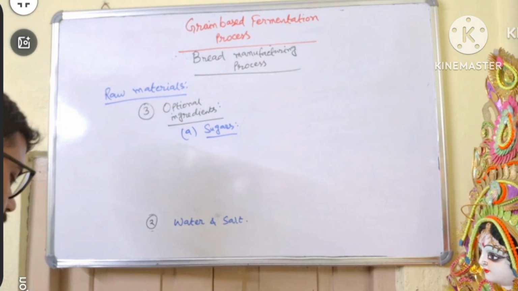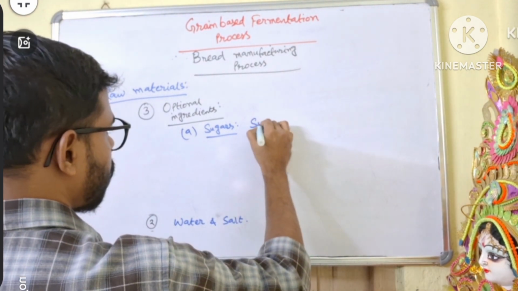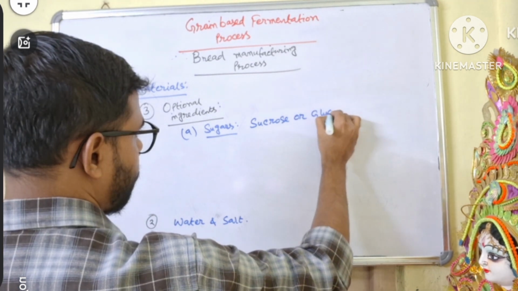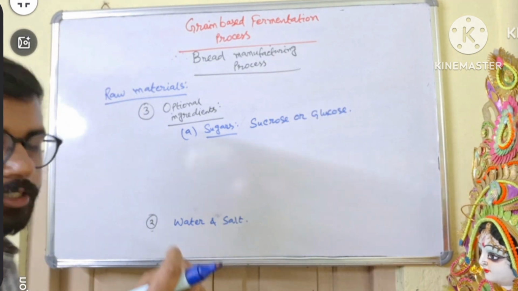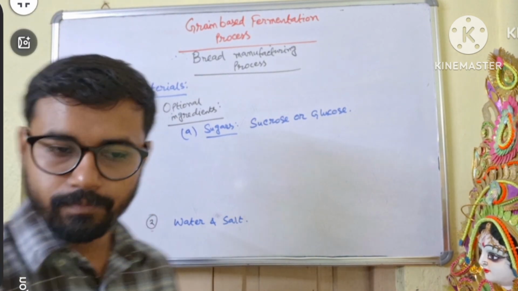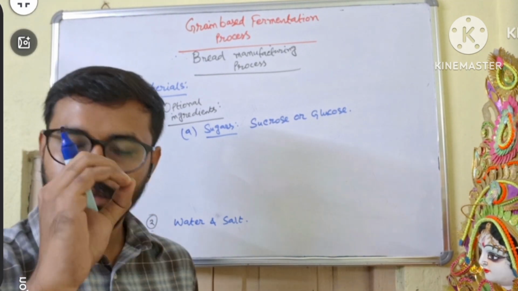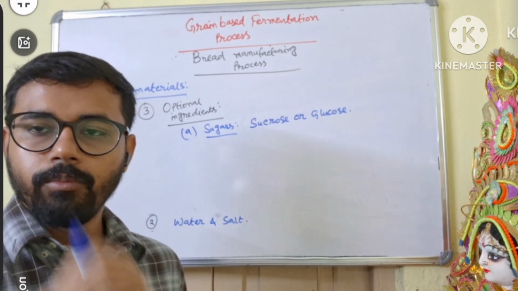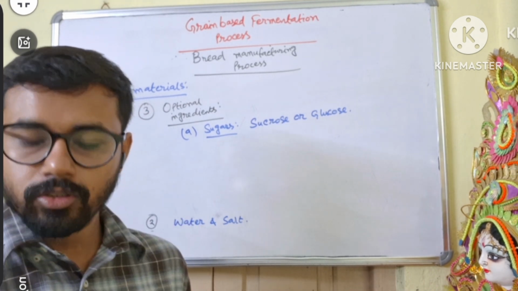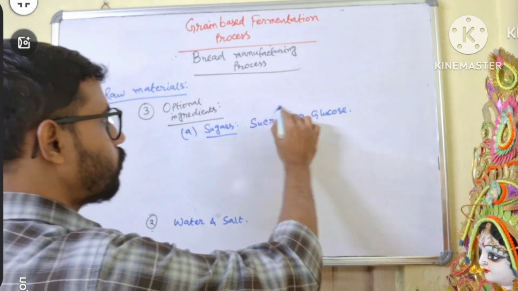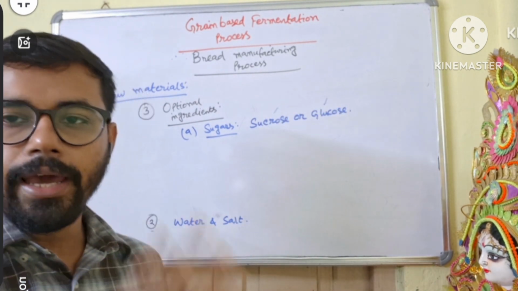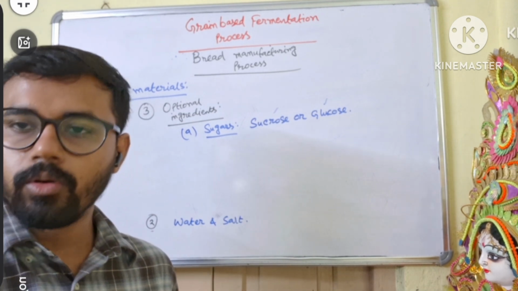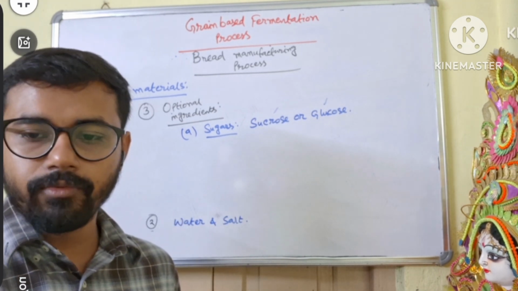A small quantity of sugar, usually sucrose or glucose, is added to make the bun more sweet, and also to provide an initial amount of sugar, as the wheat flour contains starch, a polysaccharide. So a small quantity of sucrose or glucose actually increases the yeast activity, because yeast needs glucose, yeast needs carbohydrate for growth.